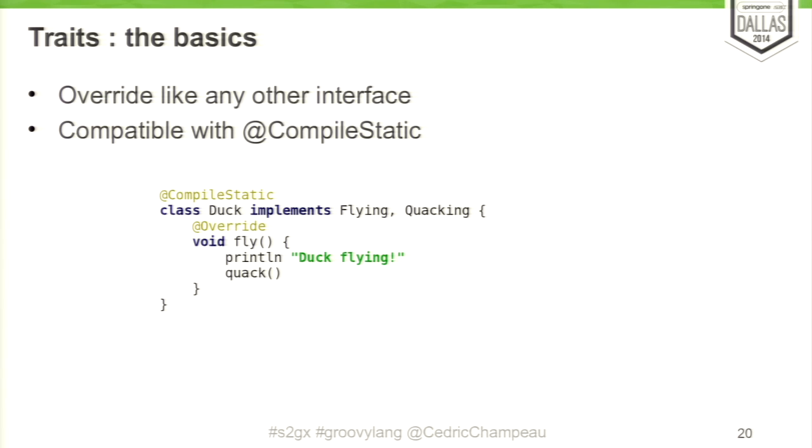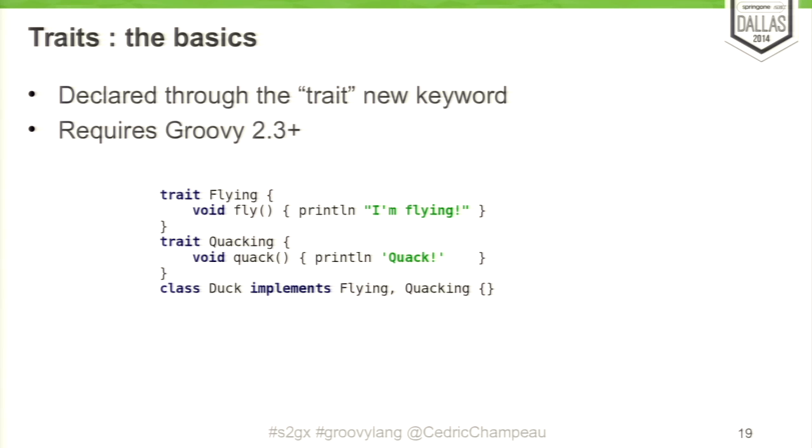So this is interesting because internally, it is still an instance of flying, so you can consider a trait as an interface. And if you look at the trait from Java, it will see it as an interface. So that's an interesting point.